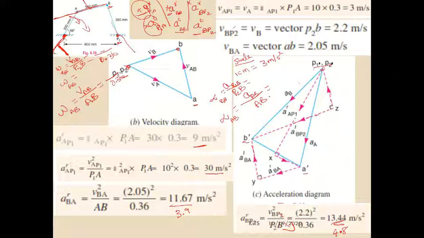Measure the length of P2B here. Where is P2? This is P2. Measure this P2B length. You will get some value, and remember, you have to multiply that value with the scale. Scale is 3 meter per second square. So suppose you get around 12, you have to multiply 12 with 3 and write it here. Then the length of P2B is 0.36 meter.